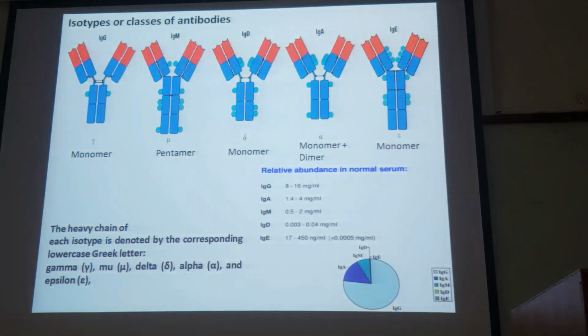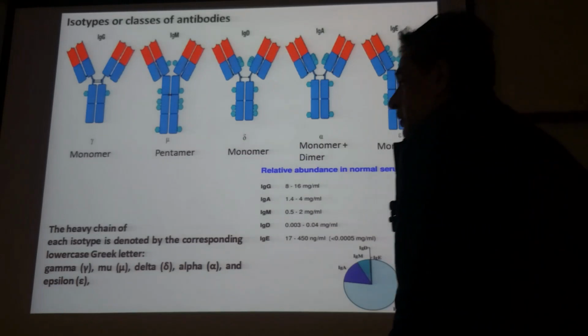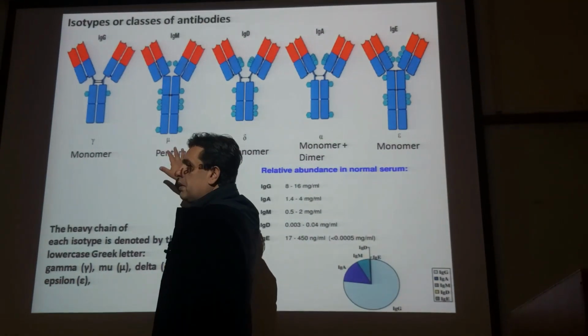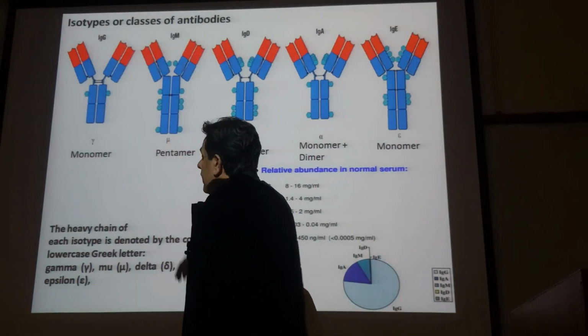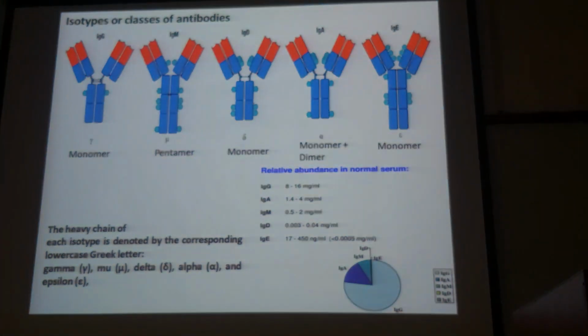The class switch would be needed in chronic infections that persist for a longer period, or infections that have already resolved. In those cases, you would find IgG antibodies in the system, not IgM antibodies. IgM is found in acute infections, but not later.